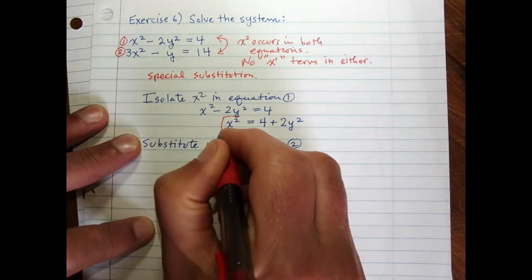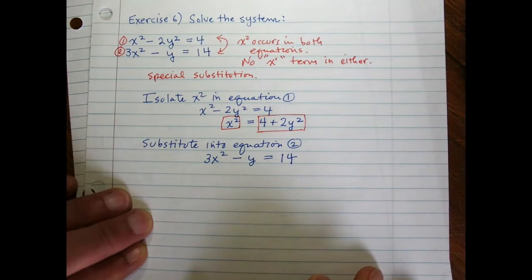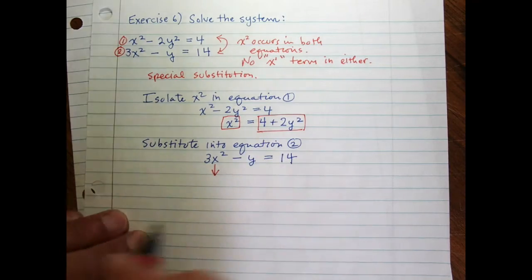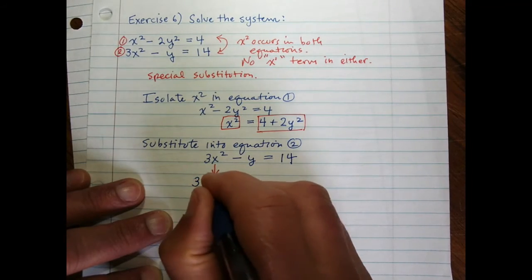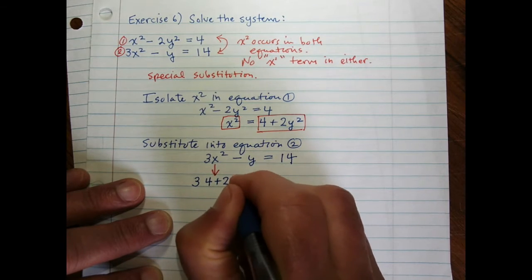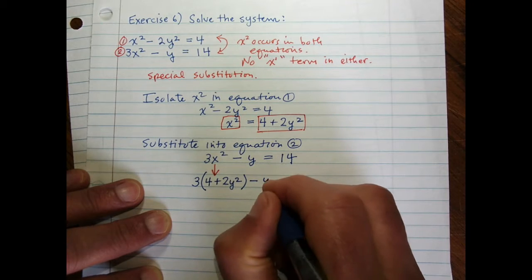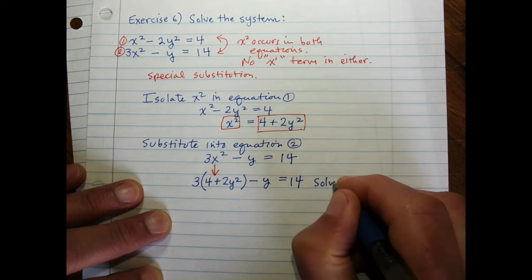And I'm going to use this idea for the substitution that we got by isolating x squared in equation 1 and replace x squared with that 4 plus 2y squared. So I have 3 times (4 plus 2y squared) minus y equals 14. And now I have an equation that I can solve for y.